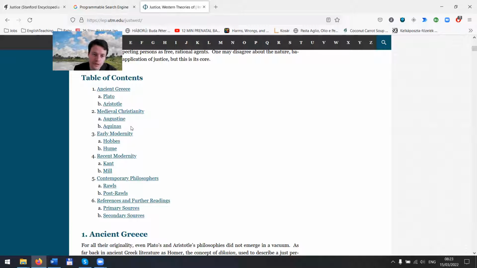Aquinas is, of course, one of the leading scholastics from the 13th century, and he is the one who has brought Aristotle's influence into the church. Up to that point, Augustine is more of a Platonic author. And then you have early modernity, Hobbes, Hume, recent modernity, you could say also 18th, 19th century Enlightenment, Kant and Mill, and then 20th century Rawls and post-Rawls.